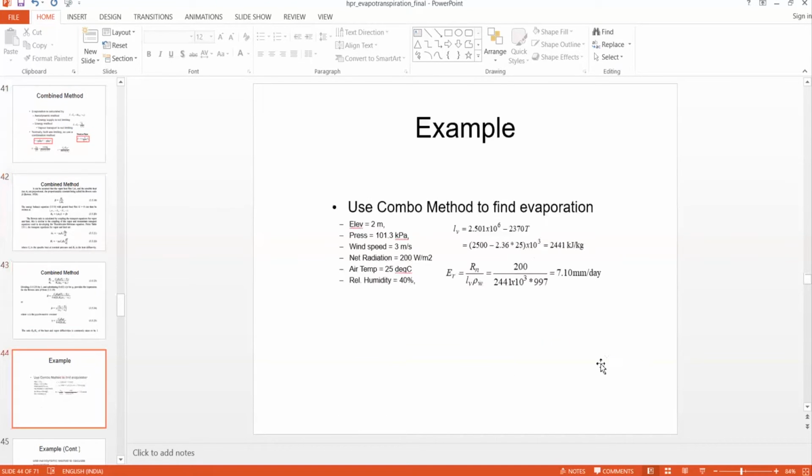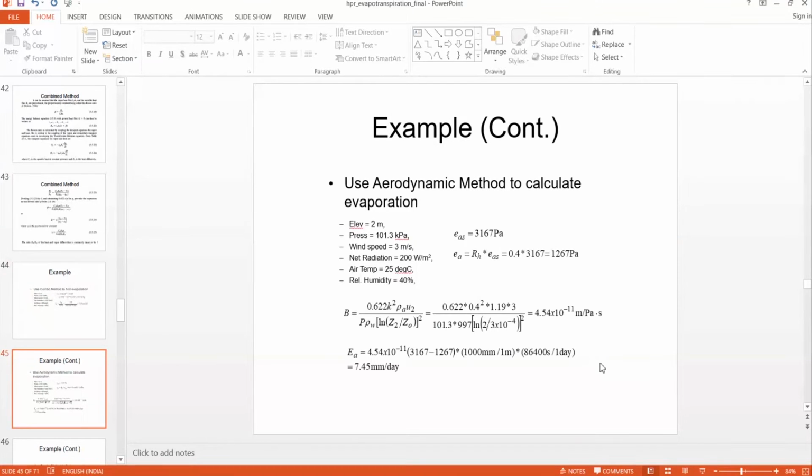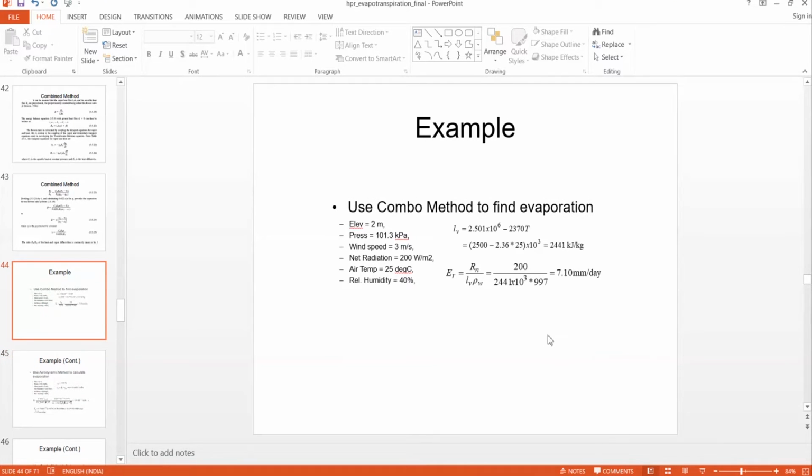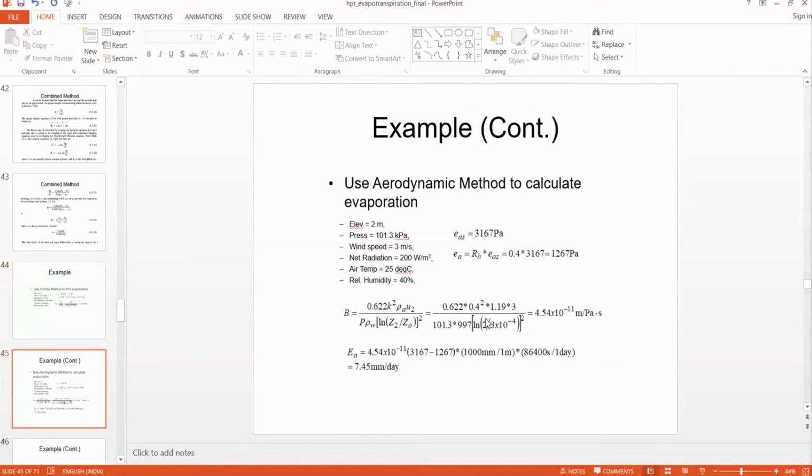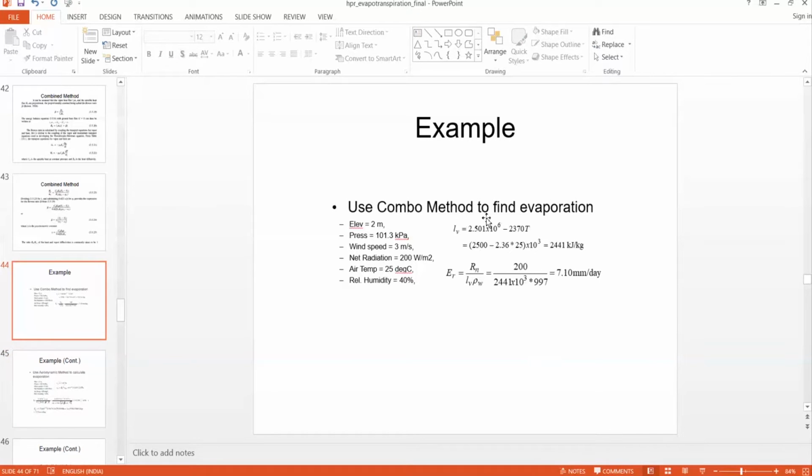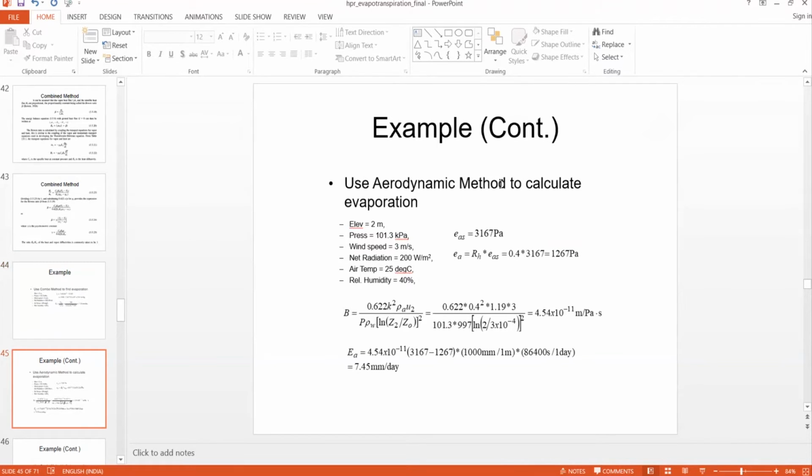Let's solve one numerical using the combo method. In the previous two numericals, we have already calculated evaporation by using the energy balance method and the aerodynamic method. Using the energy balance method, we got ER is equal to 7.10 mm per day, and using the aerodynamic method, we got evaporation as 7.45 mm per day.